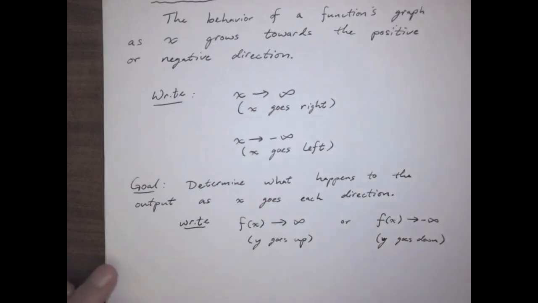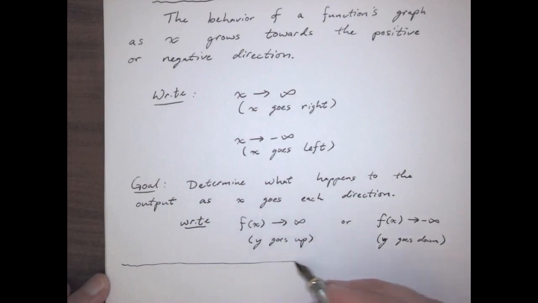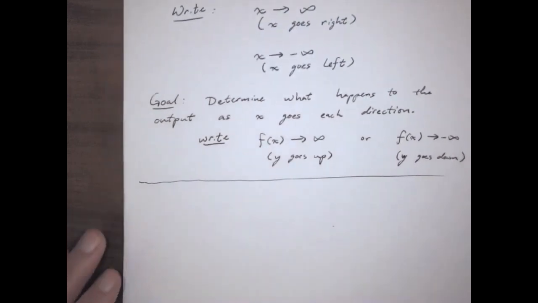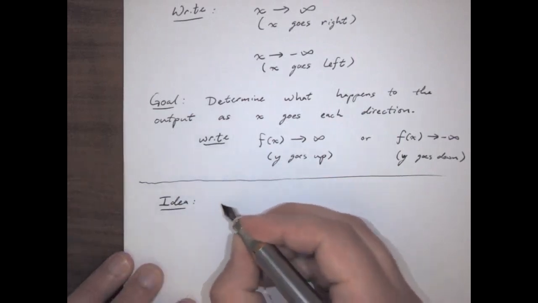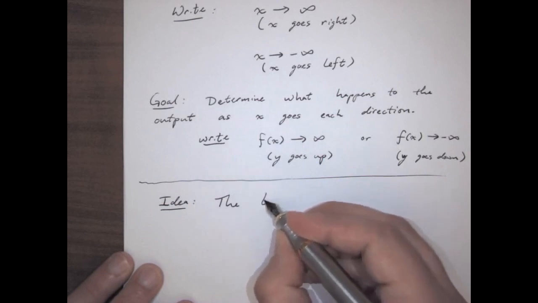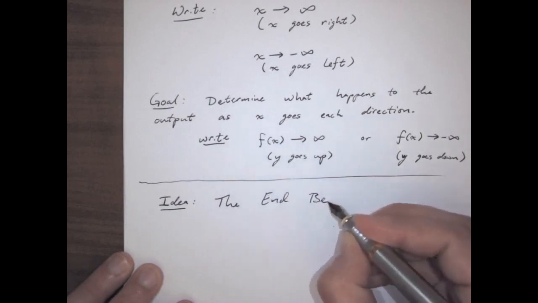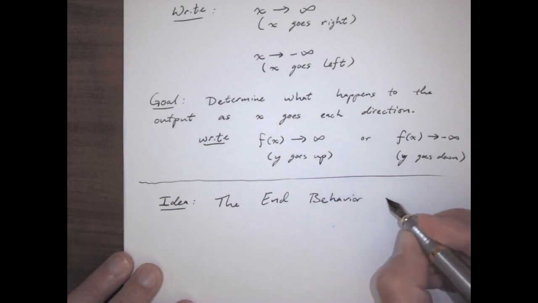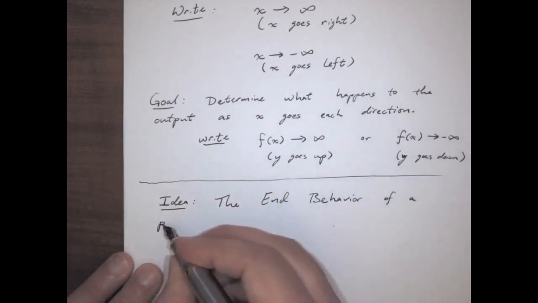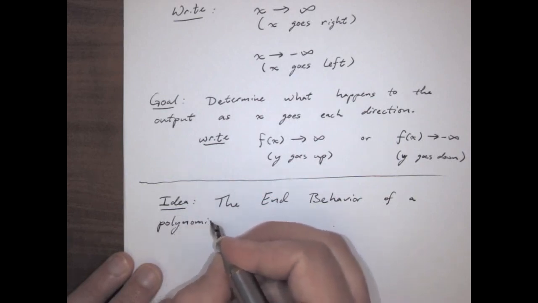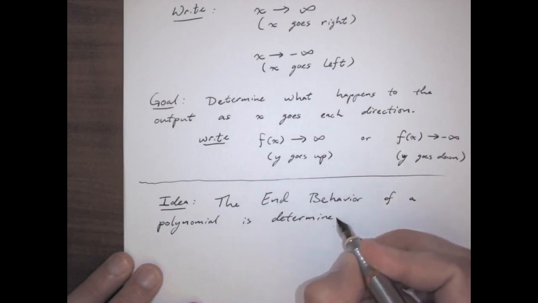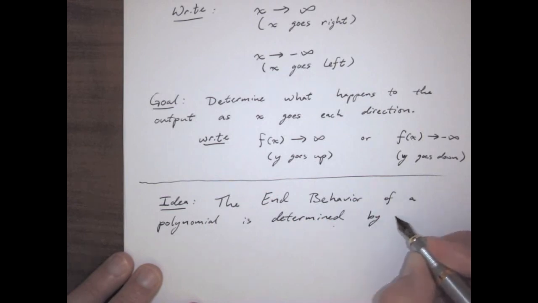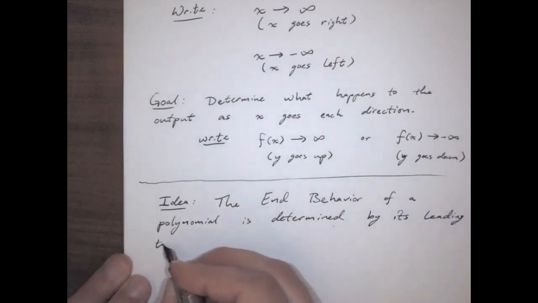So here's the basic idea for how we're going to approach this in the case of polynomials. The end behavior of a polynomial is determined by its leading term.